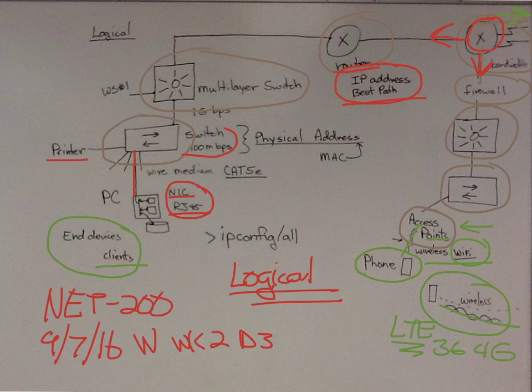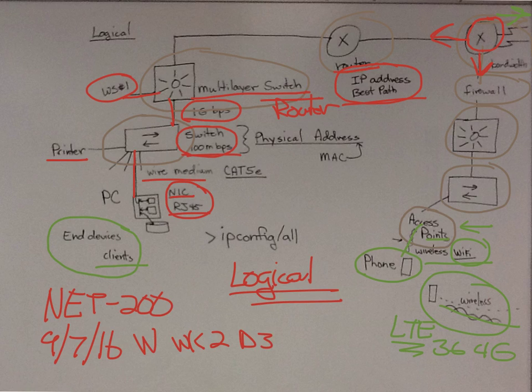We have a switch, 100 million bits per second. We have a gig connection here to the multi-layered switch. The multi-layered switch functions both as a switch and a router. Off of here is work server 1.